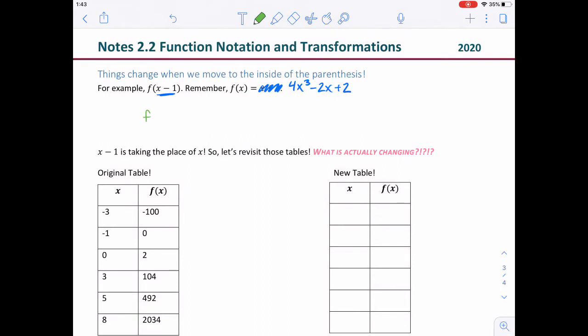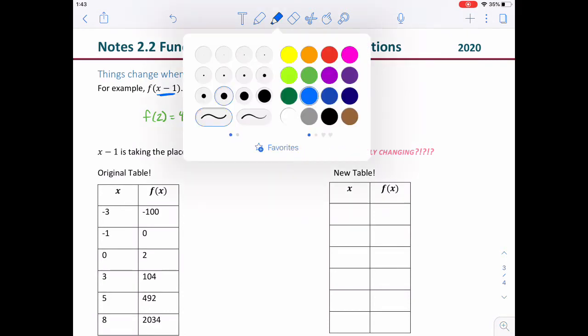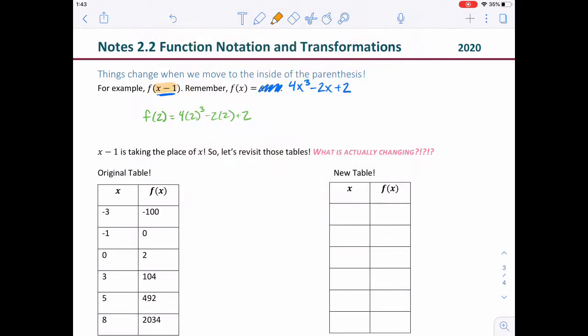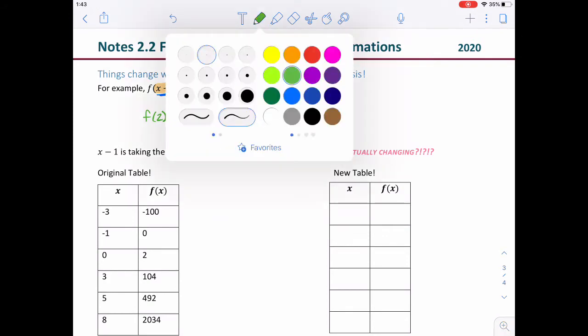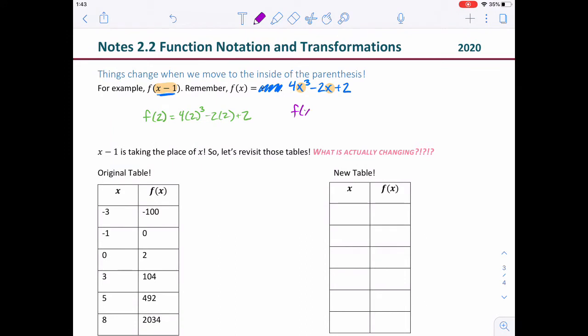So if we are putting it in, remember if we put in a value like 2, it means we replace all of our x's with 2. Right? But this time we're putting in an expression. So it means that expression is going to go everywhere that we had x. And so that means that f of x minus 1 is 4(x minus 1) cubed minus 2(x minus 1) plus 2.